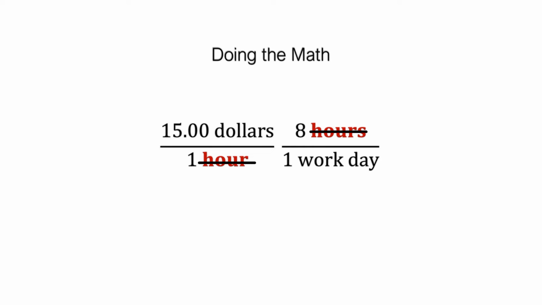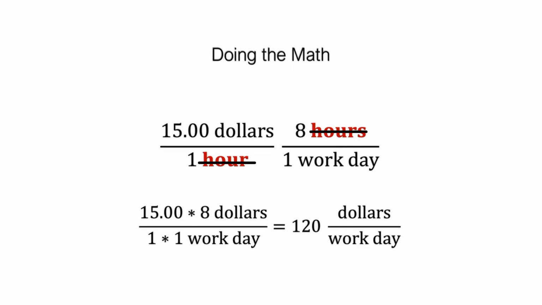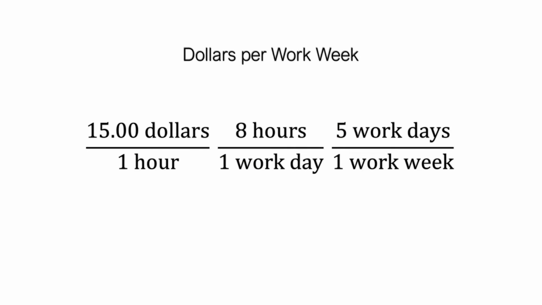Let's pull out our calculator and do the math using just these first two fractions. We will multiply everything on top and everything on bottom, then divide the two numbers. We have 15 times 8 dollars divided by 1 times 1 work day to equal $120 per work day. Let's look at the first three fractions.